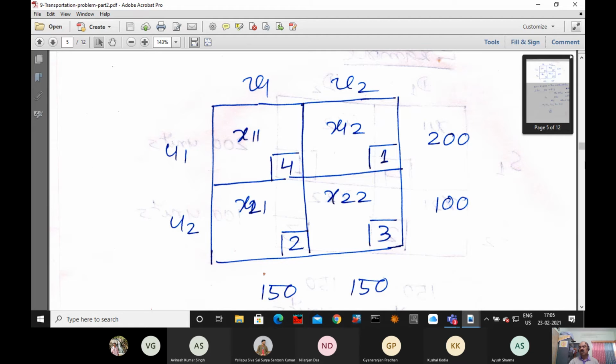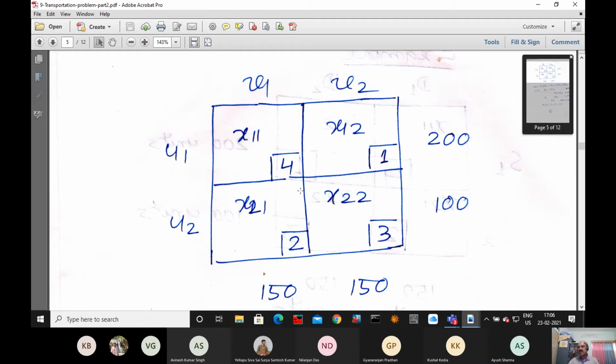Now in the first row, since you have already allocated 150 out of 200, 50 units are left out. The first column we have dropped. Now it is as if we have a transportation matrix with only one column and two rows. We allocate to X12. How much can you allocate?